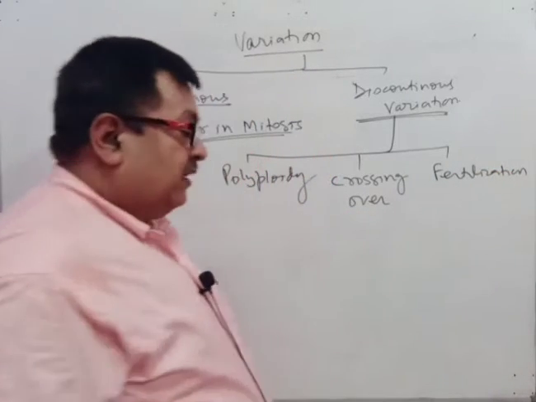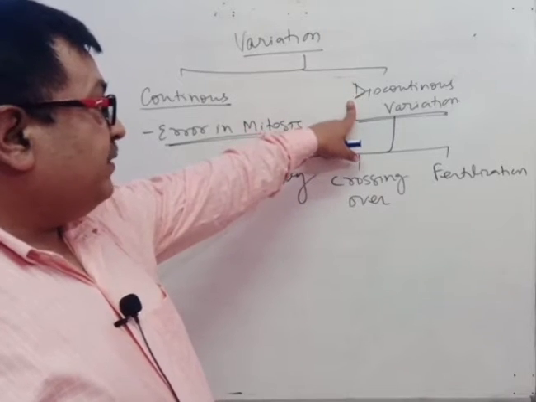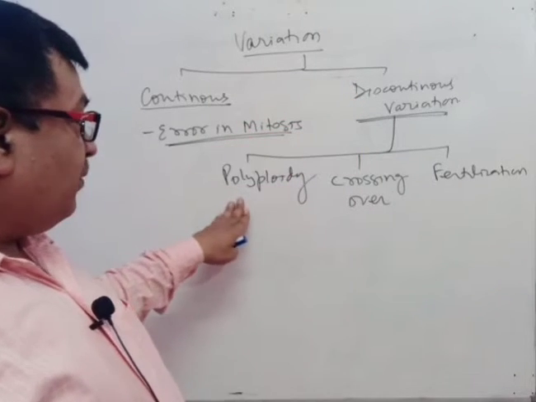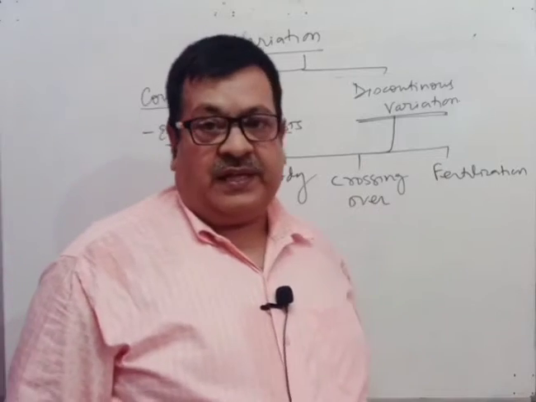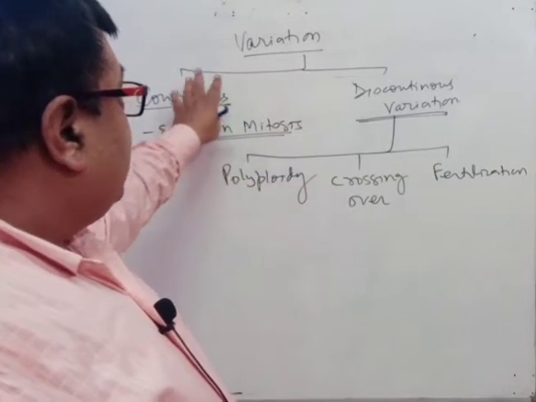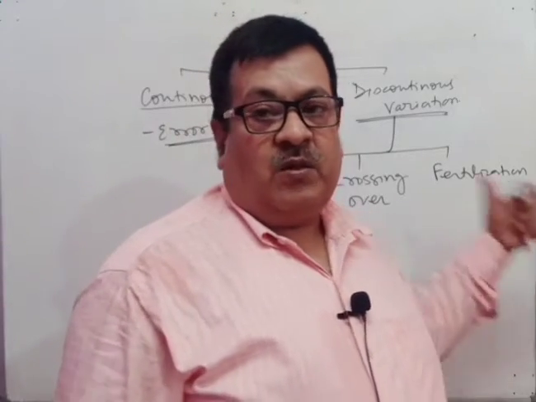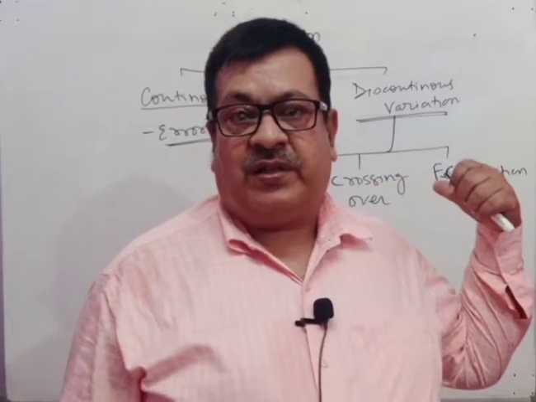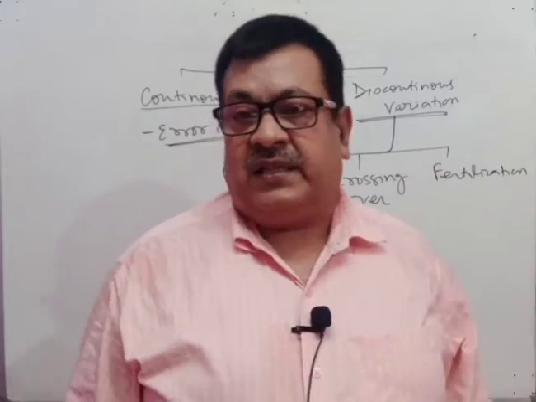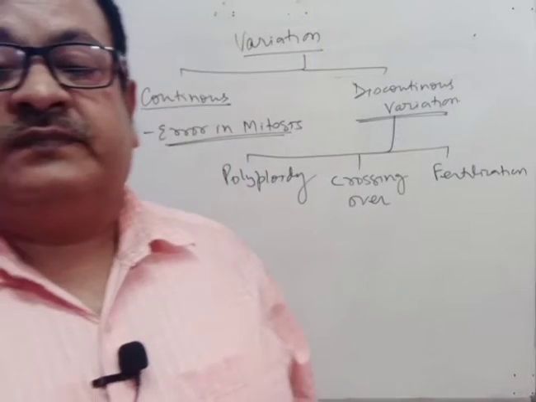There are chances of abrupt genetic changes during polyploidy, crossing over and fertilization. All these changes are discontinuous. So there are two types of variations. One is common in asexual and sexual reproduction and another is limited to sexual reproduction only.